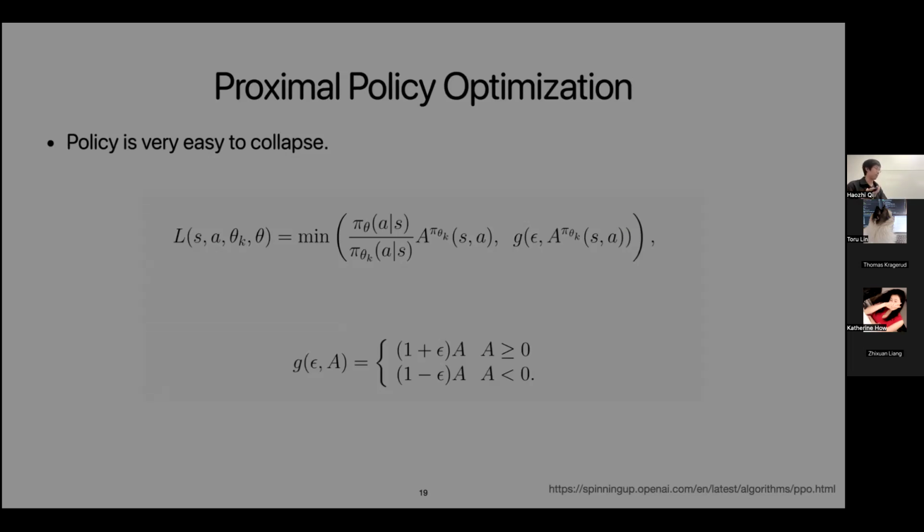Collapse means you keep having very high reward, and suddenly after you take one extra gradient step, the performance drops drastically. There is a lot of research on this, by constraining the policy step so it cannot be too large, by clipping the gradient or clipping the parameters in the parameter space, but they do not work quite well.